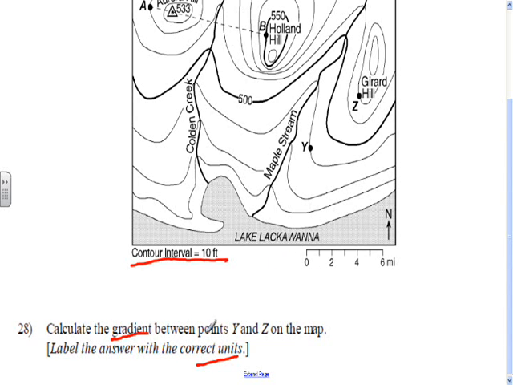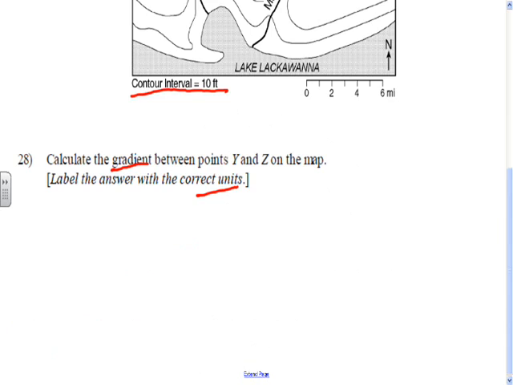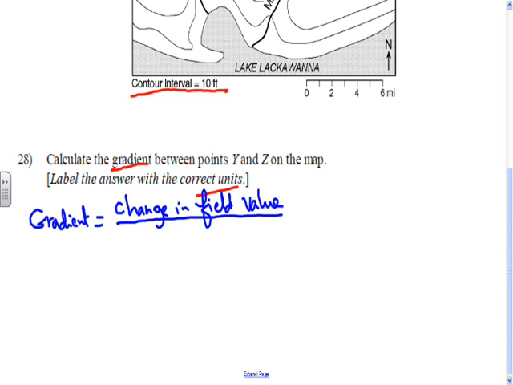So the first thing to do is to use the formula we talked about, that gradient equals the change in field value divided by distance.